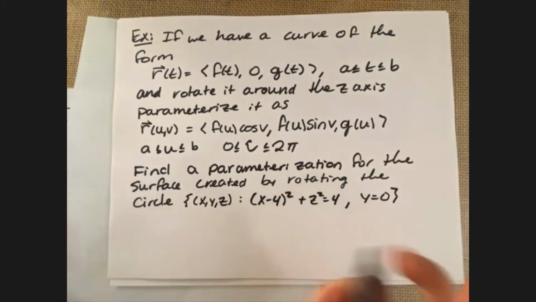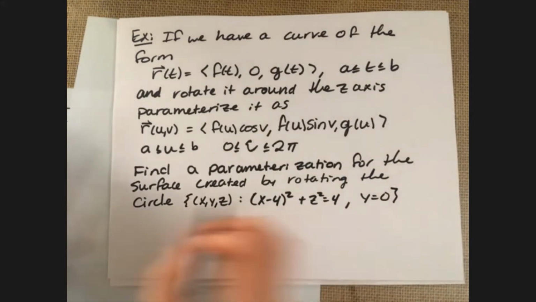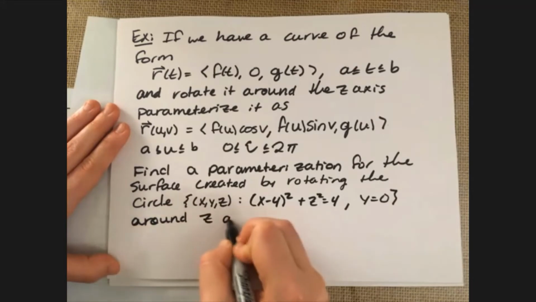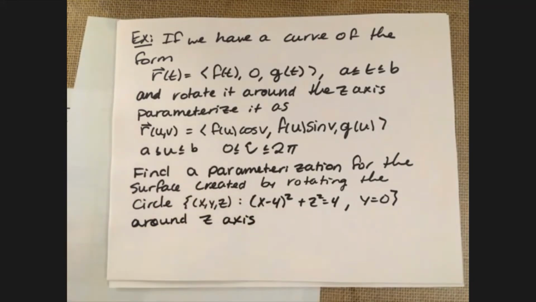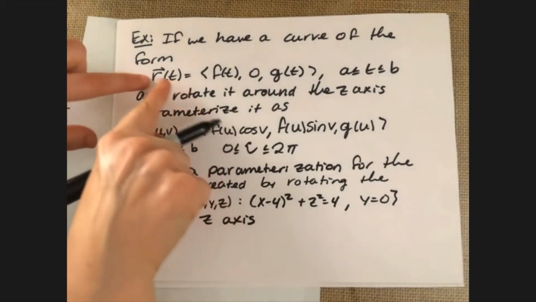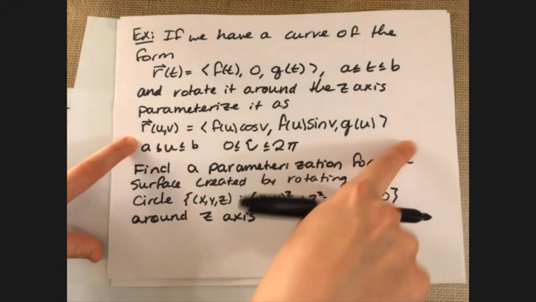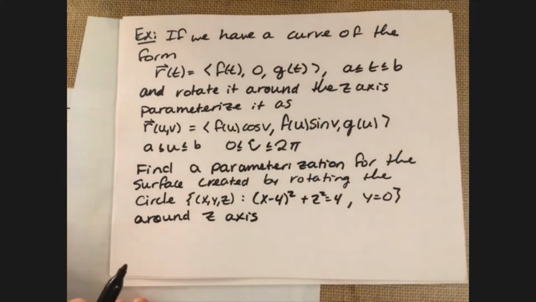So this is just a circle in the xz plane around the z-axis. To be able to do this, our first step is to write this parameterization right here, and then we just turn it into this parameterization right here.